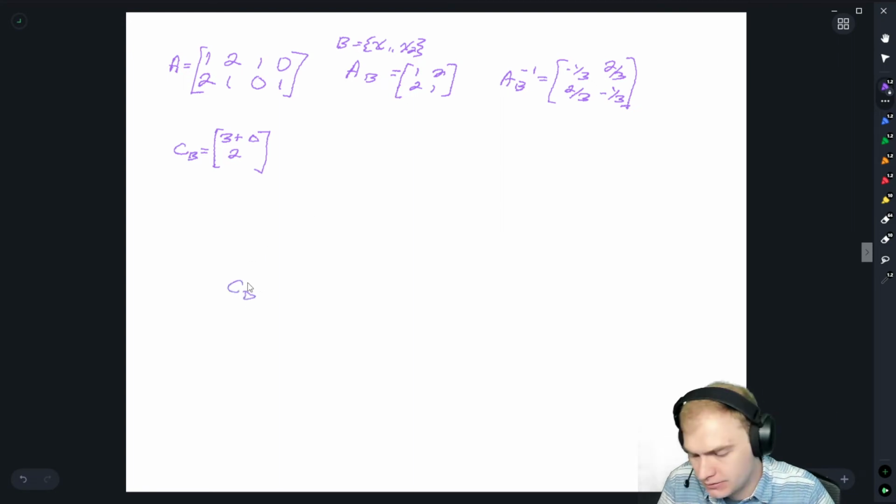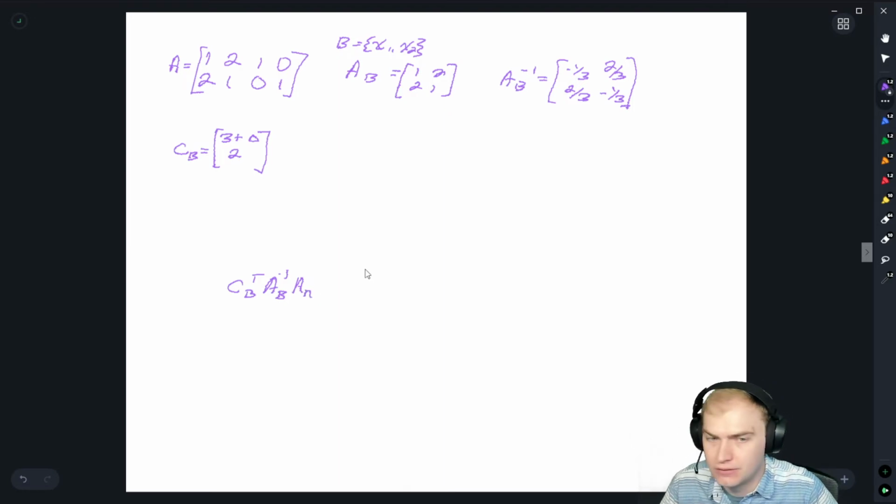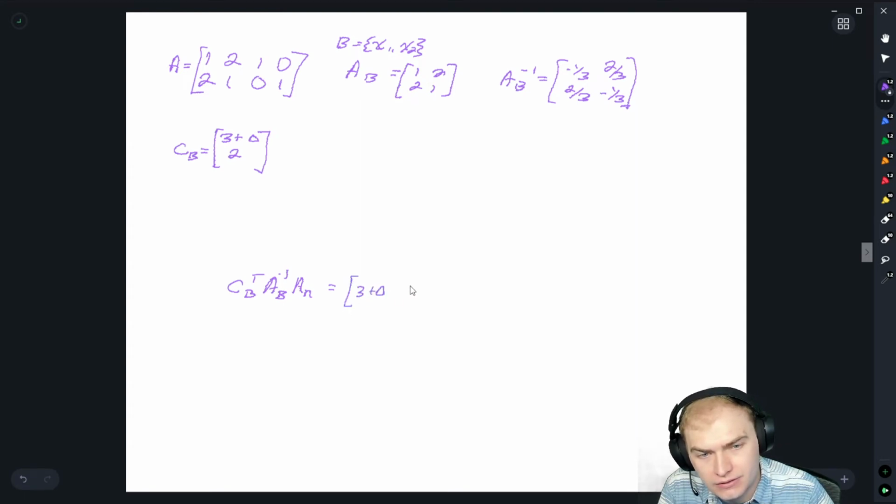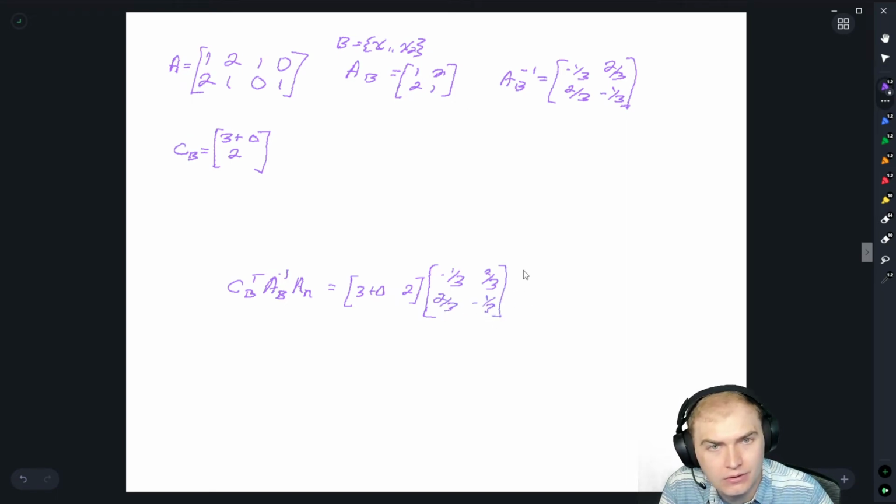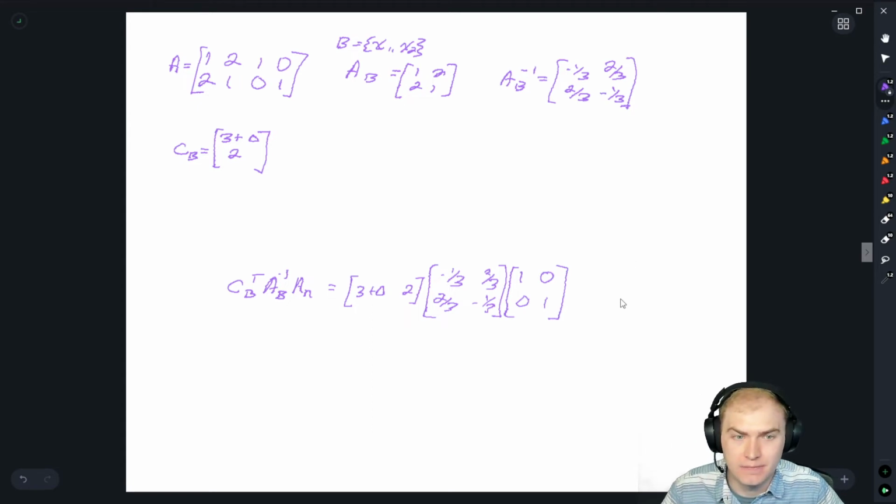So CB transpose AB inverse AN is 3 plus delta, 2 times negative 1/3, 2/3, 2/3, negative 1/3. AN is the identity matrix.